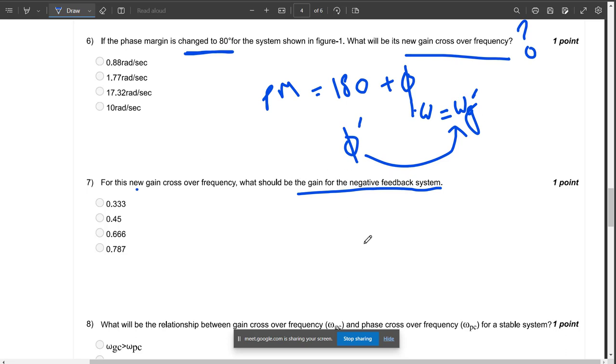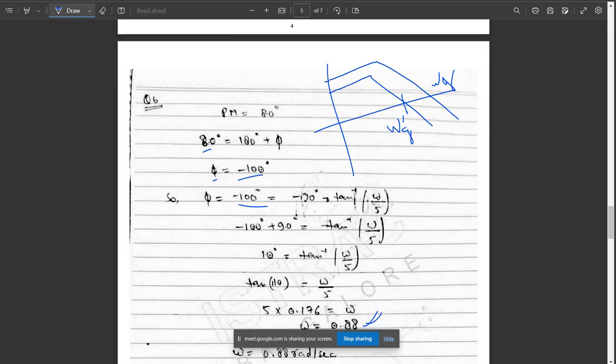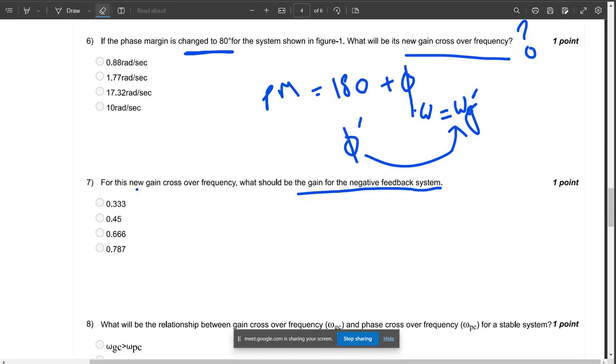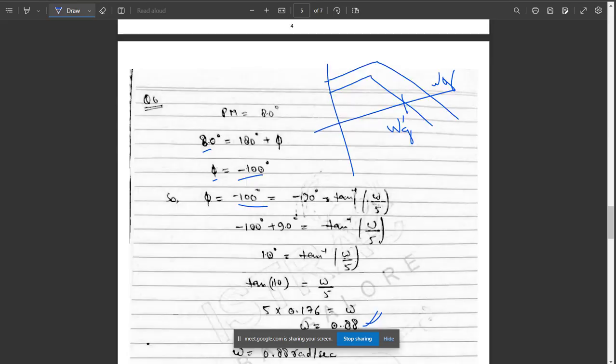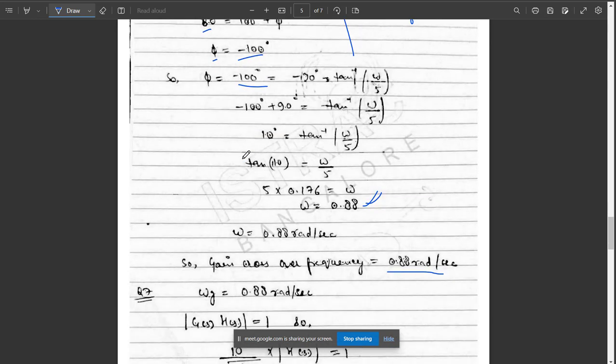If it is said that the system has the same unity feedback, then also we could have found out the gain, right? But here it is asking to find out the gain for the unity feedback. Understood? Okay, so try to solve this question and then we'll discuss it.